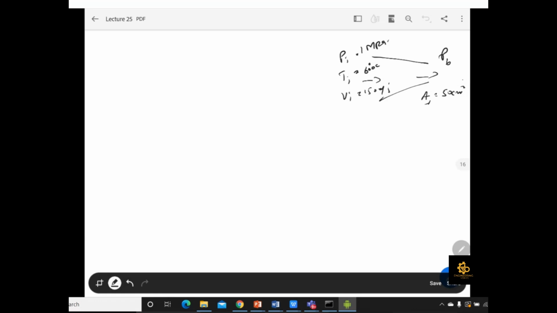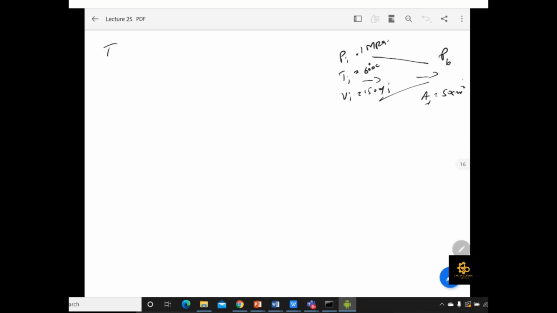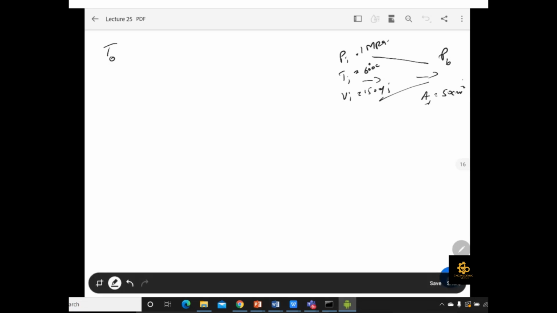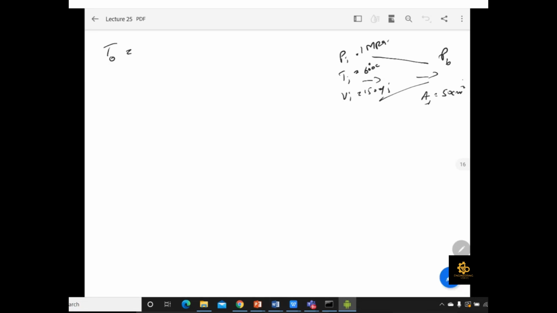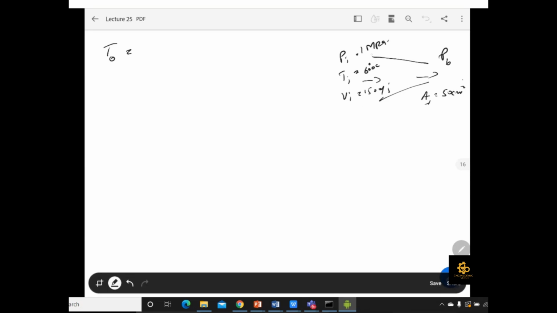Now the first thing is we have to find the stagnation properties, because we need them in order to find the exit velocity as well as the density at the exit. We will figure out why we need T naught and the rest of the stagnation properties. First we can apply the stagnation temperature at point i, because this is the initial condition and we have to find the property where the velocity is 0.